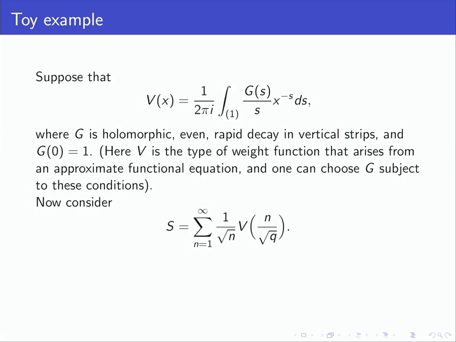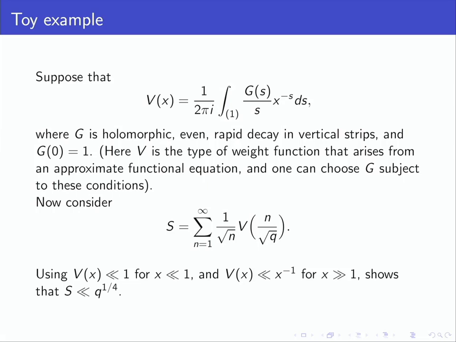Now, suppose we had this just as like a fake main term, or a potential main term. Suppose we have a sum 1 over square root of n, v of n over square root of q. So this is, I mean, we get things that sort of vaguely resemble this after lots and lots of analysis. So, okay, this v function, you can analyze this by shifting contours around. So if x is less than 1, then you can shift the contour off to the left.